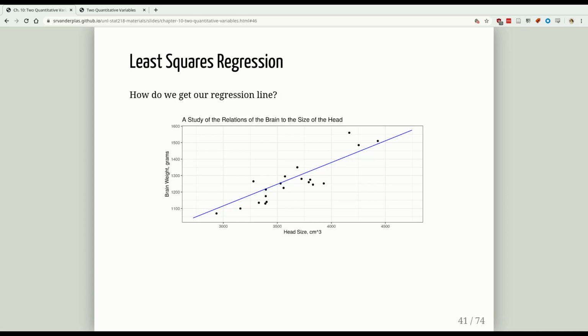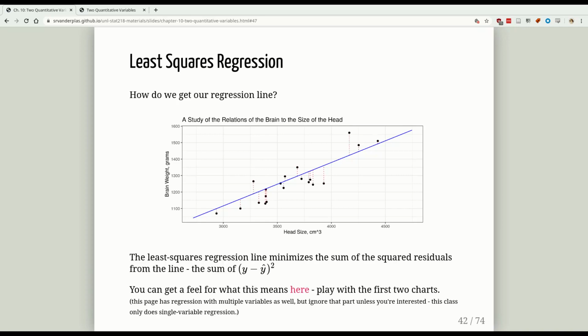But let's talk conceptually, at least, about how we get the A and B values that correspond to our intercept and slope. And it's going to involve these residuals that we've been talking about. The least squares regression line is the line that minimizes the sum of the squared residuals from the line. So y minus y hat, squared.